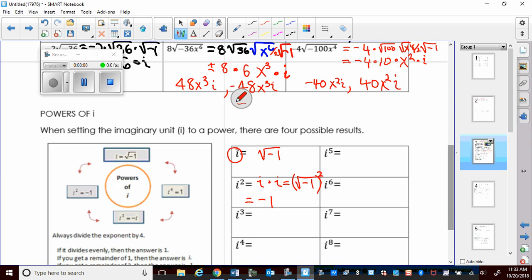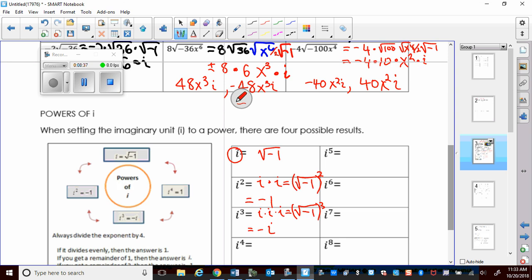When I have i cubed, it's like saying i times i times i. And it's also like saying the square root of negative 1 cubed. Well, what happens to the square root of negative 1 cubed? You're going to get negative i.